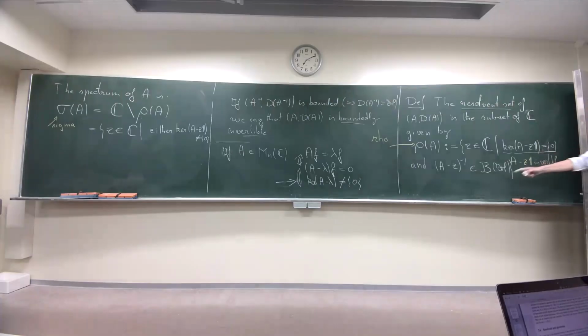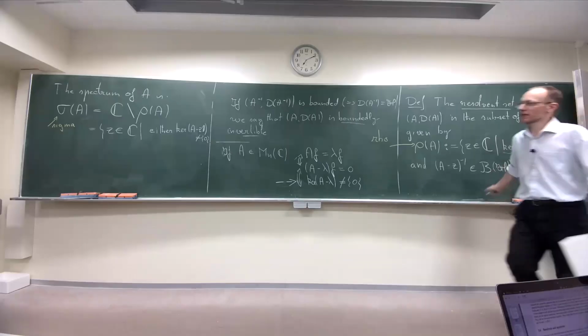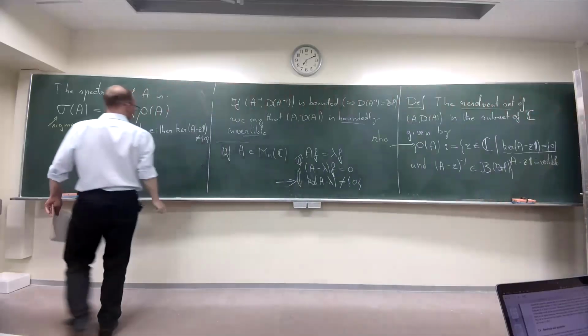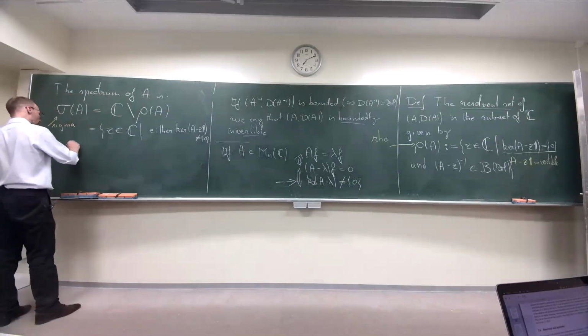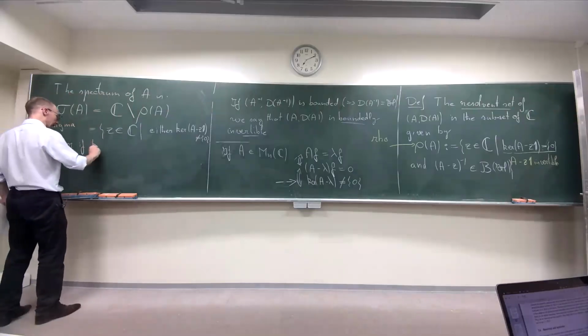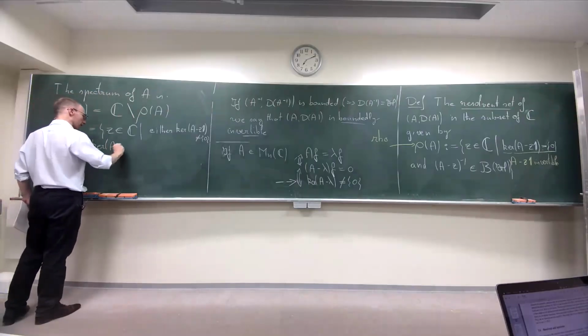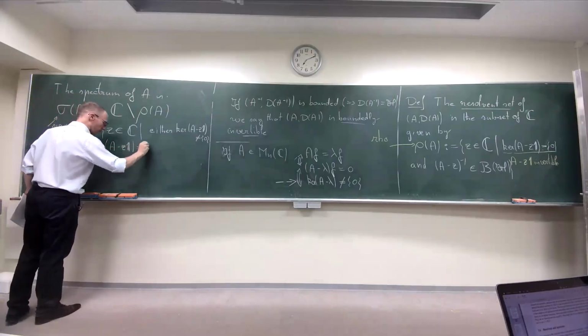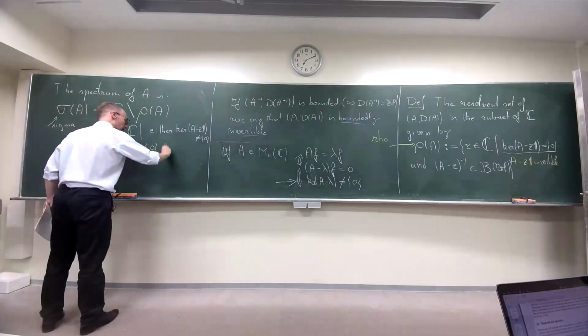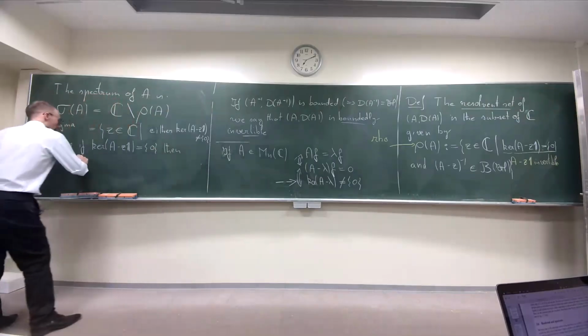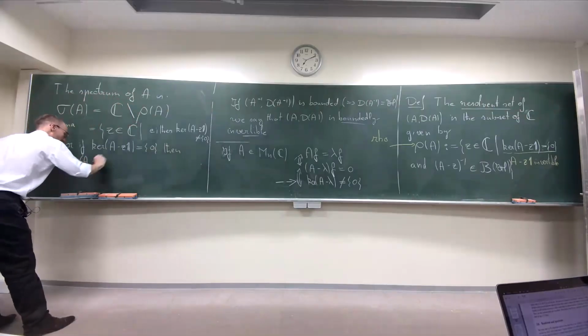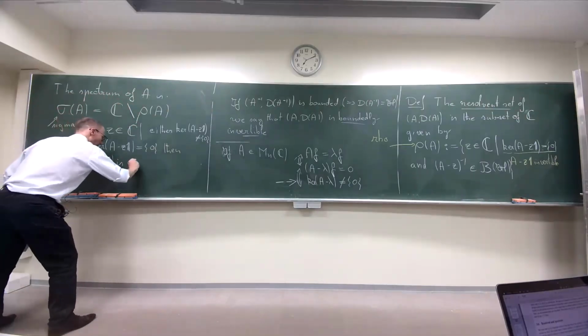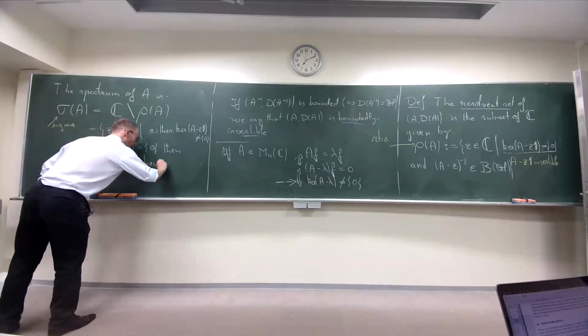or I have a second condition. So if I want the complement, it is either not this one or not this one. So it means either this kernel is not 0, or if the kernel of A minus Z times 1 equals 0, then A minus Z inverse is not bounded.